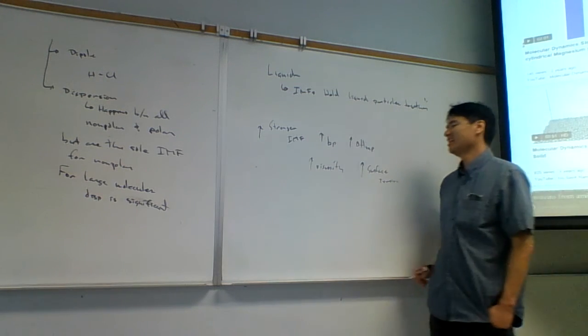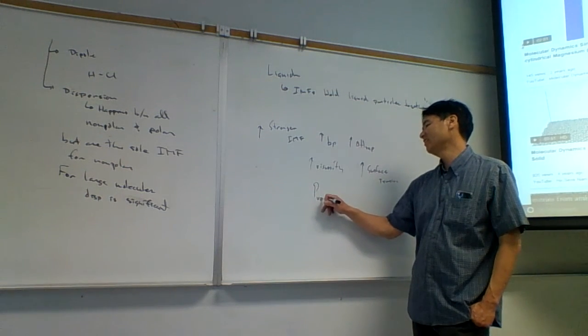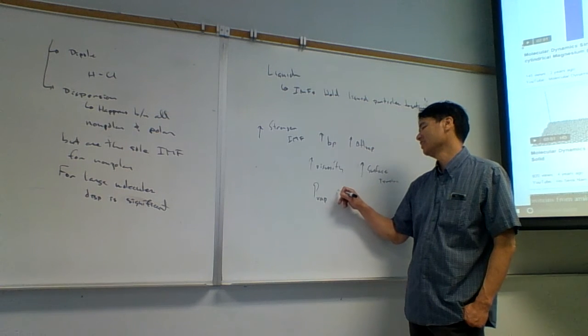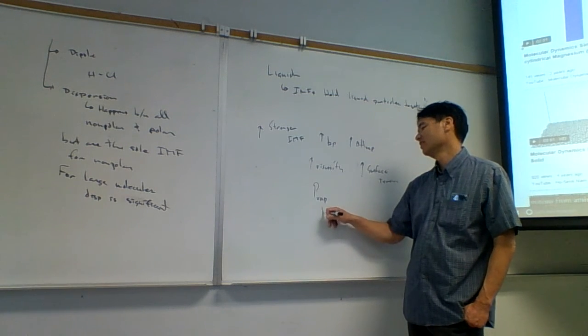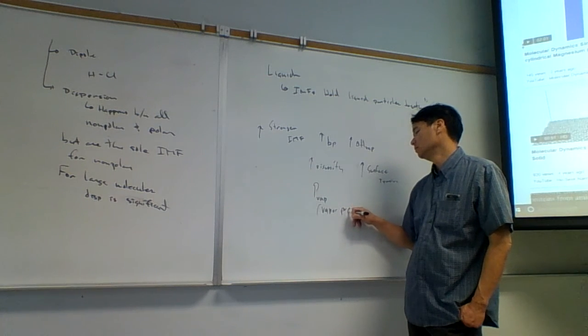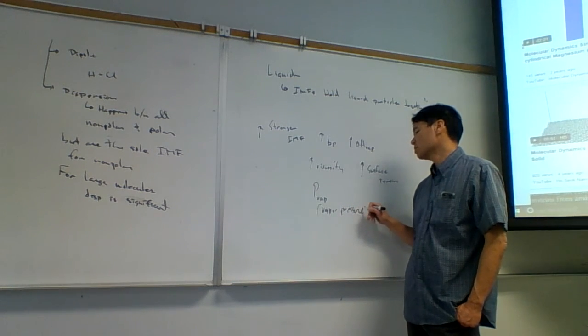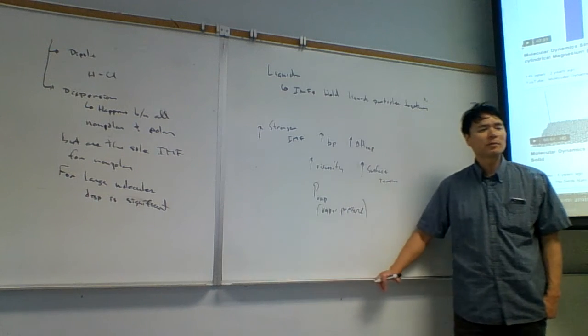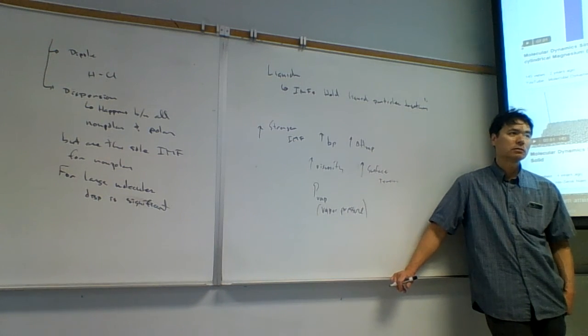And then we had something else. It's called P-vap, or vapor pressure. The stronger the IMFs, the higher the vapor pressure or the lower the vapor pressure?